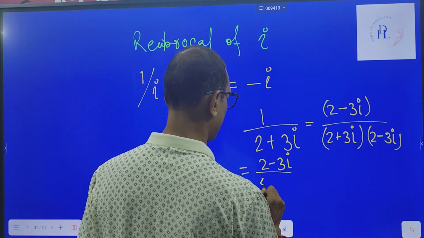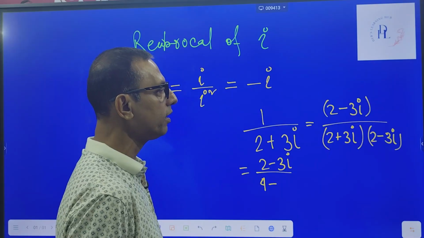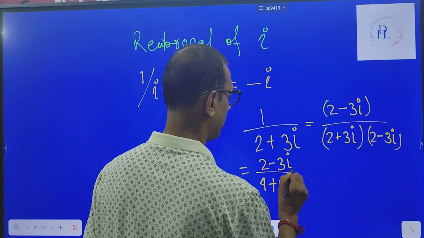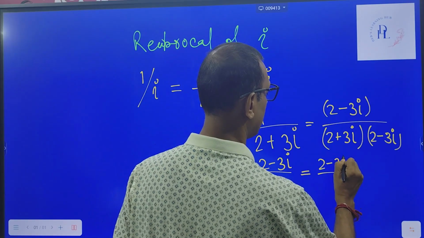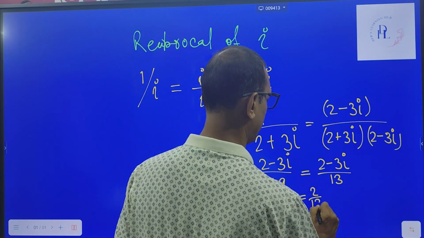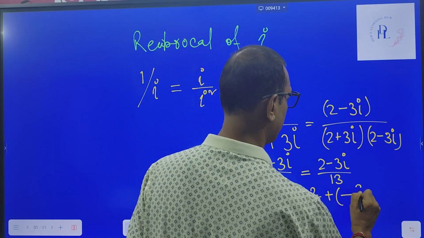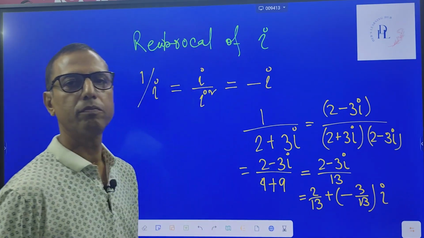So 2 square is 4 minus 3i whole square, that means 9i square. i square equals minus 1, that means it will be plus 9. So it will be 2 minus 3i divided by 13. What is the real part? Real part is 2 by 13. And what is the imaginary part? Imaginary part is minus 3 by 13. Got it?